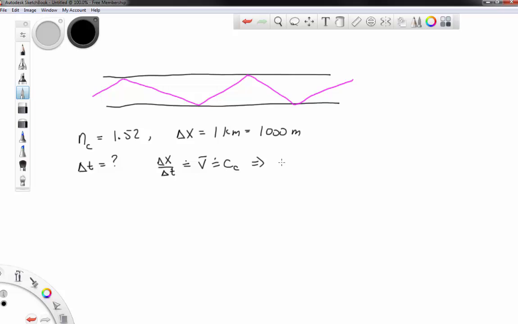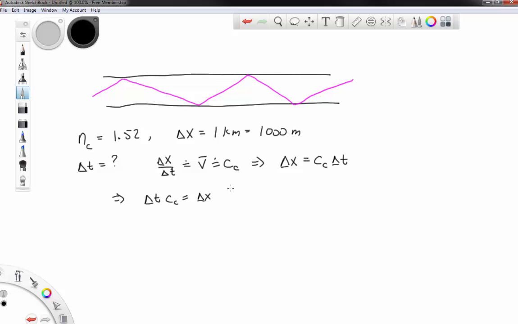So to solve for delta t, delta x is equal to the speed of light times delta t. And so that means that the time it takes times the speed of light is equal to delta x.